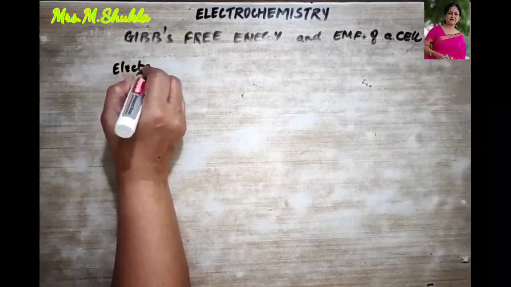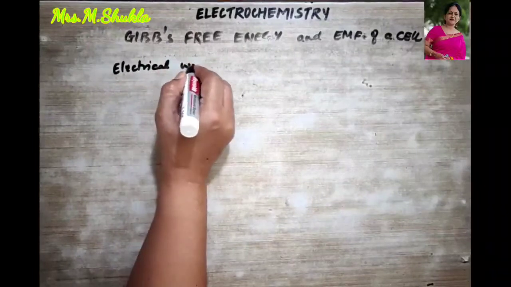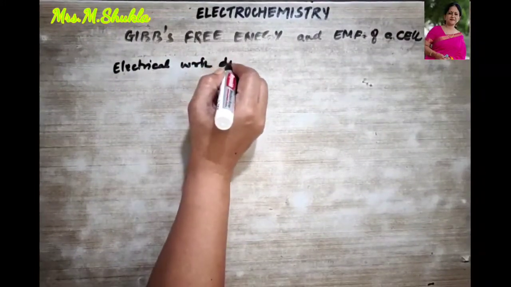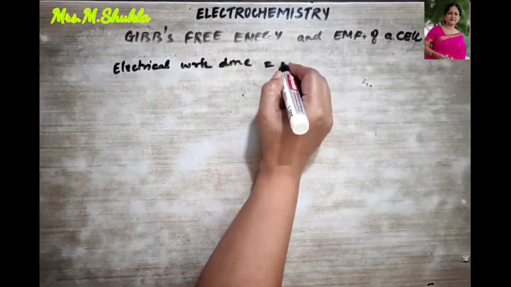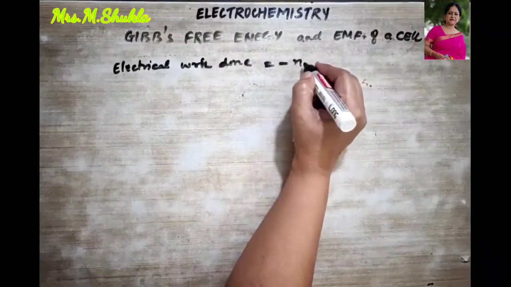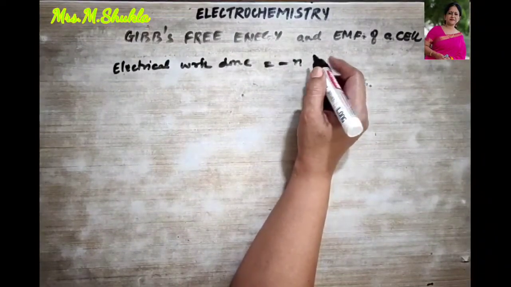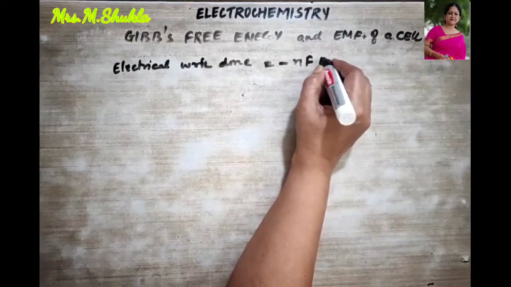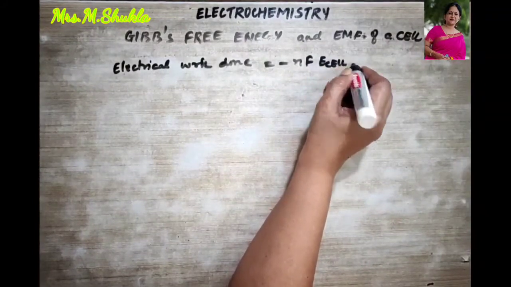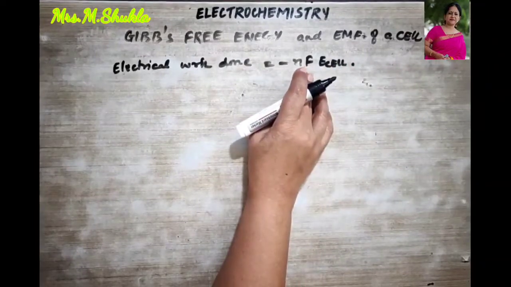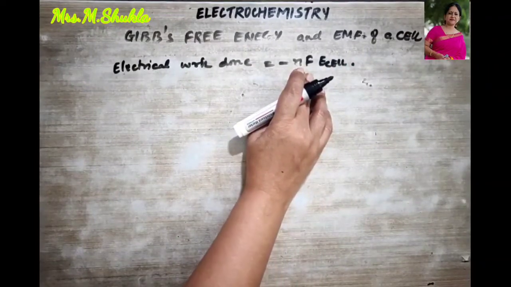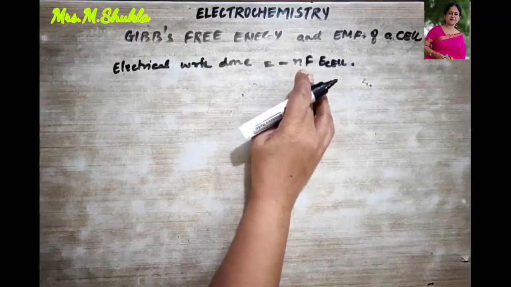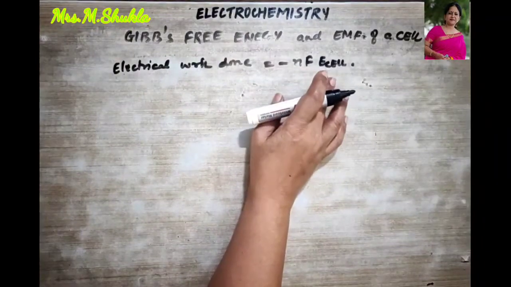That the electrical work done is always equal to minus the number of moles of electrons transferred into F into the EMF of the cell.